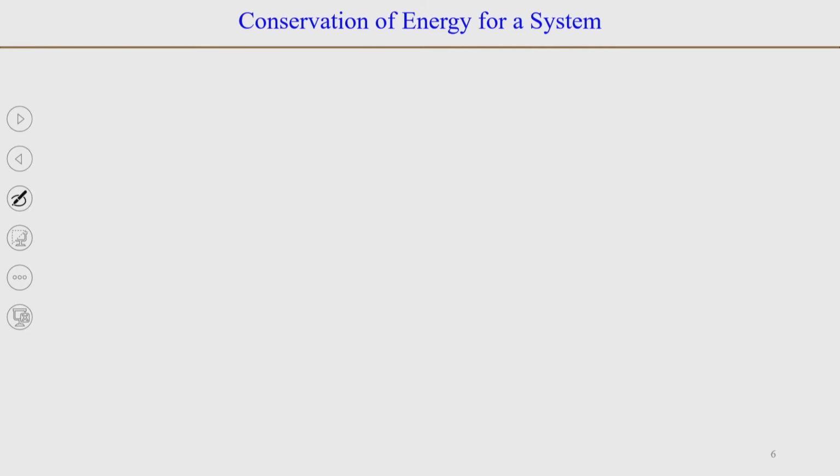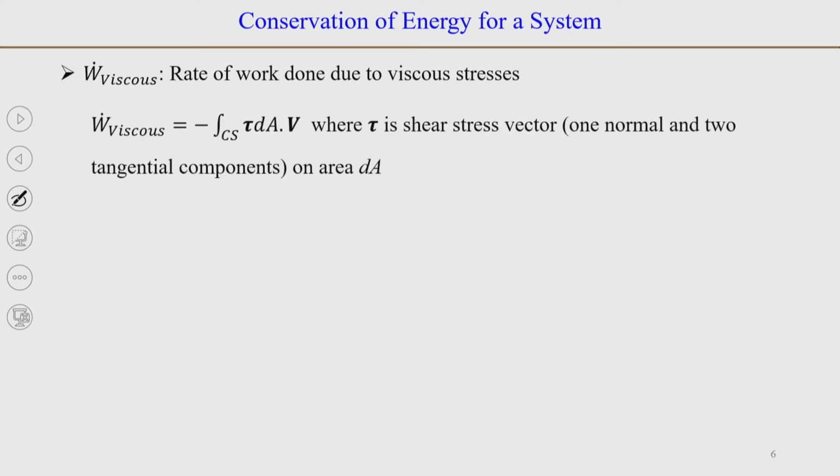Similarly, we can write the rate of work done due to viscous stresses. The rate of work done due to viscous normal stresses will be the same as the rate of work done by the pressure force, except that for viscous normal stresses we will not have a minus sign when we write the force. Force will be tau dA. The viscous stress term is minus the integral over the control surface of tau dA dot the velocity vector.